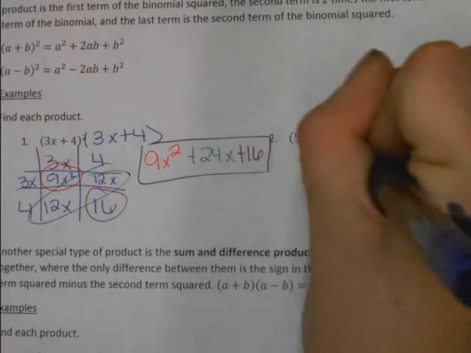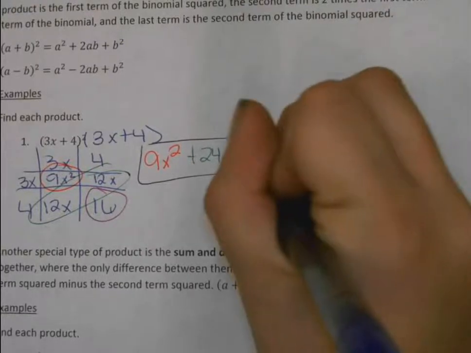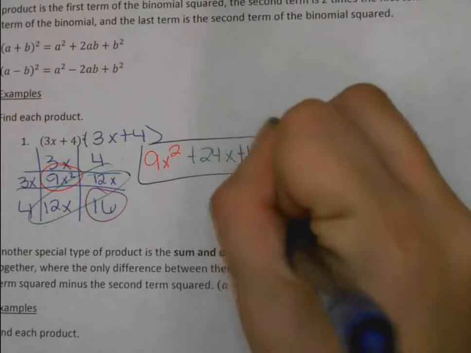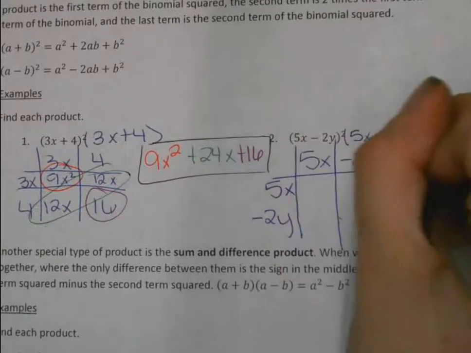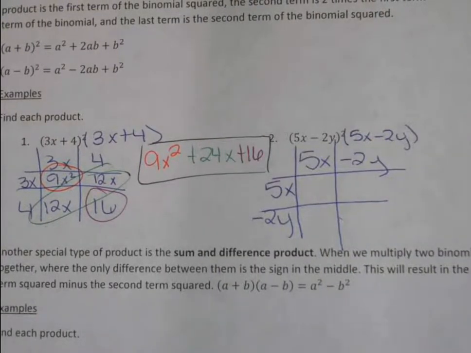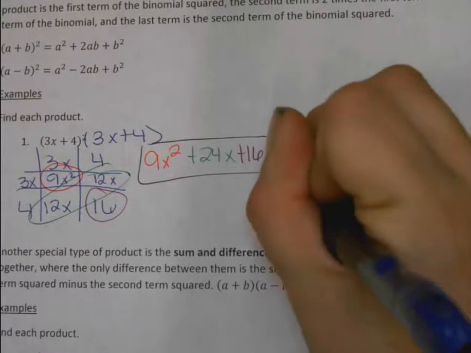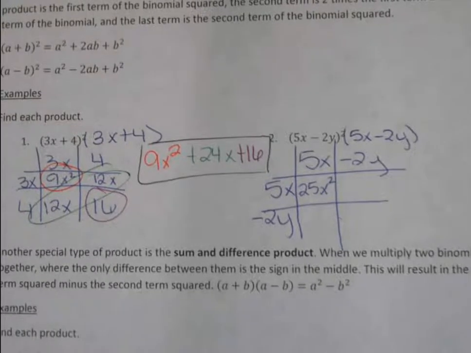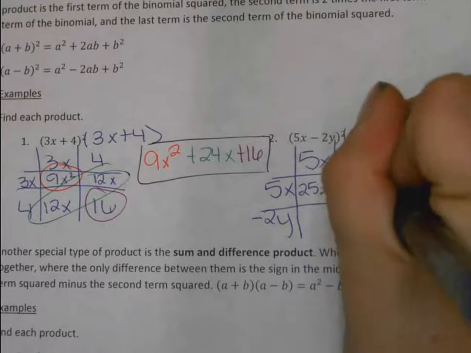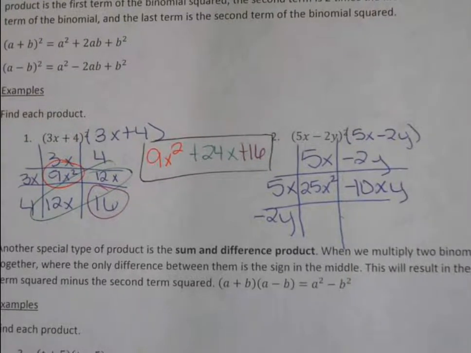So I'm going to find 5x and negative 2y. What goes in my first box? 25x squared. What goes in second box? Negative 10xy. Since I can't do anything and they're different letters, I write them in alphabetical order. So x comes first in the alphabet.